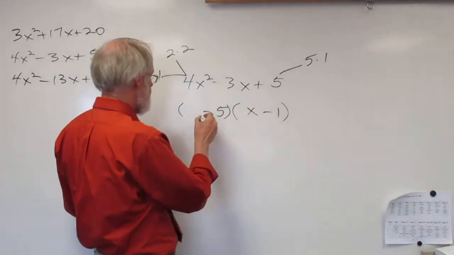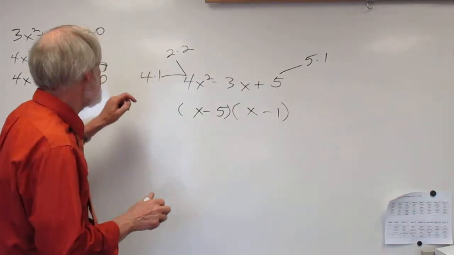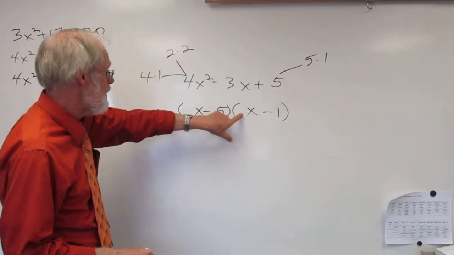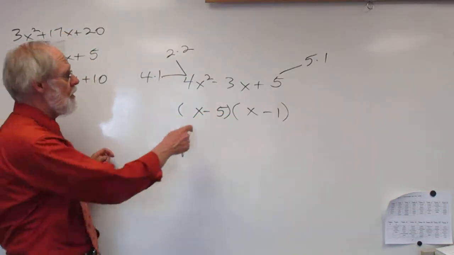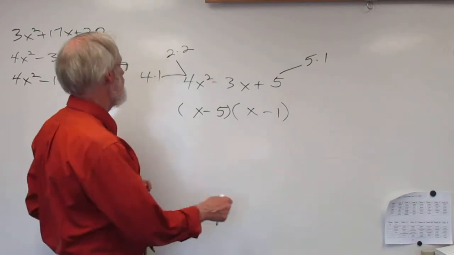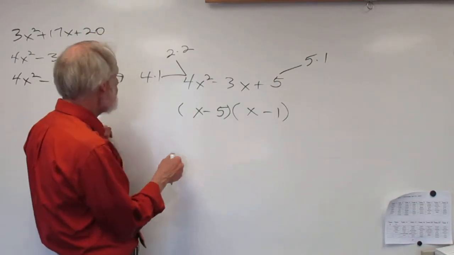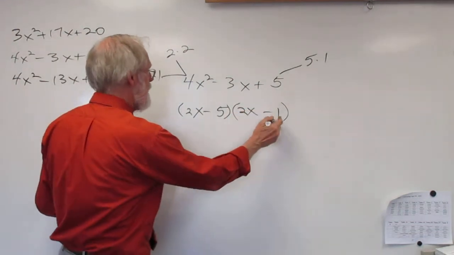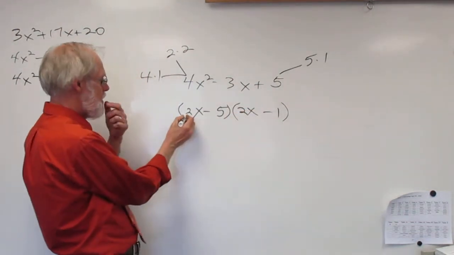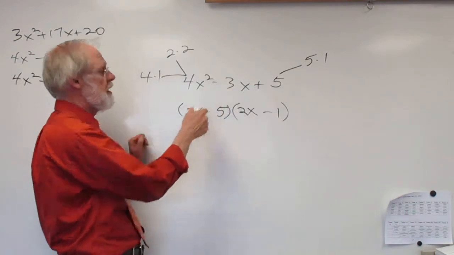Now I know I'm going to have an x here and an x here. The only thing I don't know is is it 2x times 2x or 4x times 1x. All right, we need a negative 3 in the middle. So let's see how we can get that. If I put a 2 here and a 2 here, I get negative 2x minus 10x, that's negative 12x.